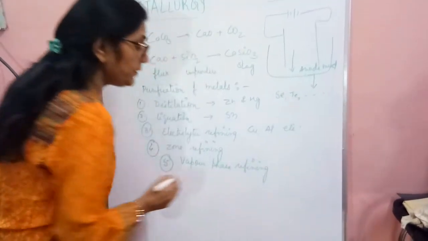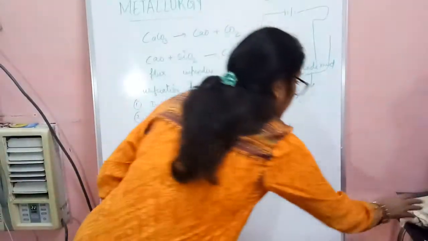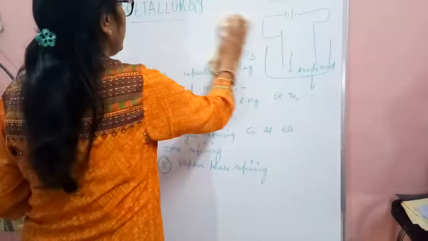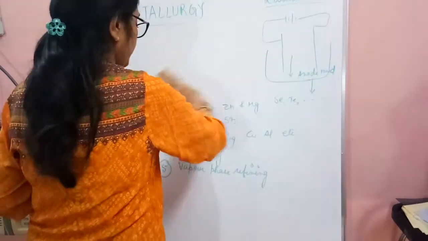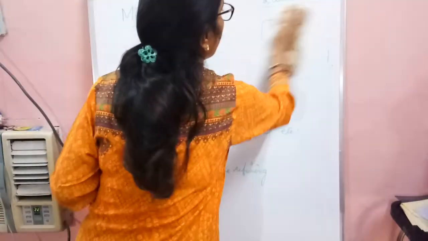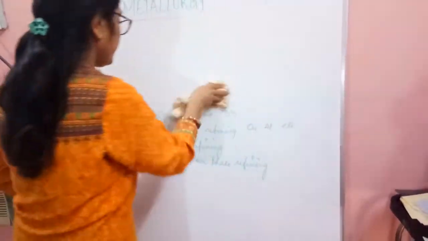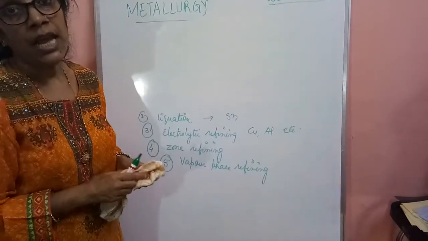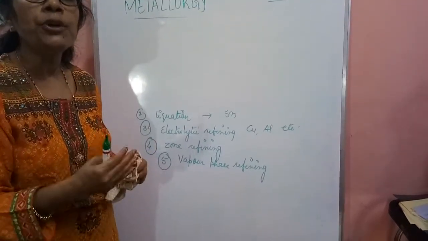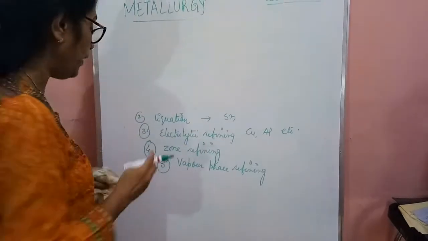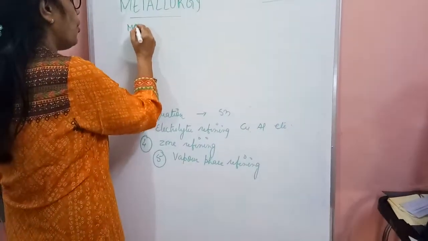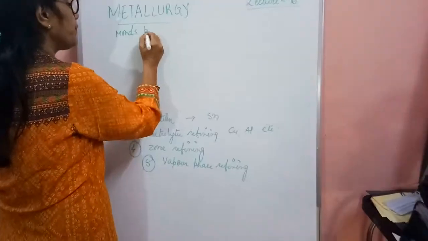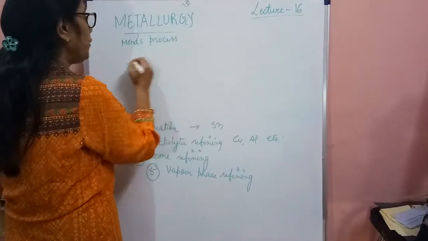And vapor phase refining is based on the principle that the metal should form a volatile compound first, and this volatile compound should easily be decomposable, as for example Mond's process for the purification of nickel.